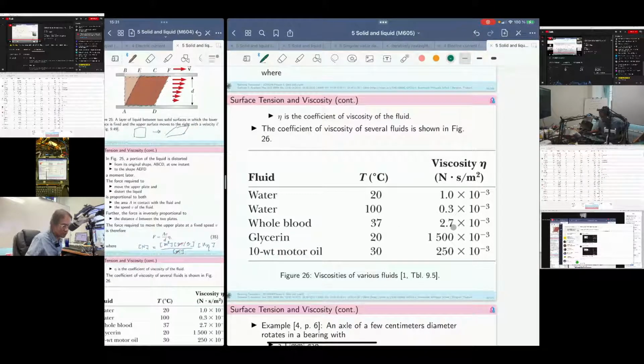For example, if you go to some countries that have very low temperature in the winter, if your blood flow rate is not good, your body may get into trouble. And the blood flow rate depends directly on viscosity. Glycerin is that kind of fluid that has extremely high viscosity. The motor oil also has a large viscosity.